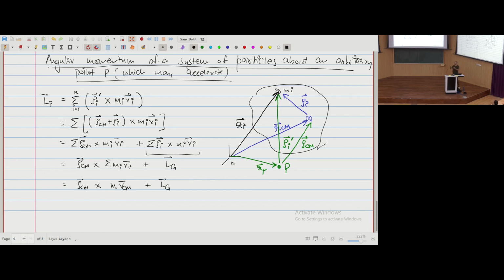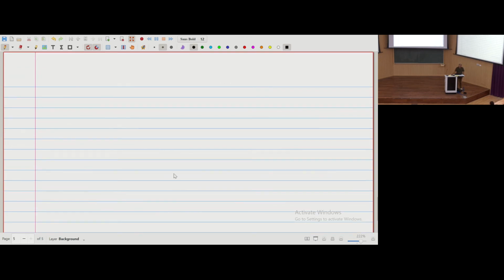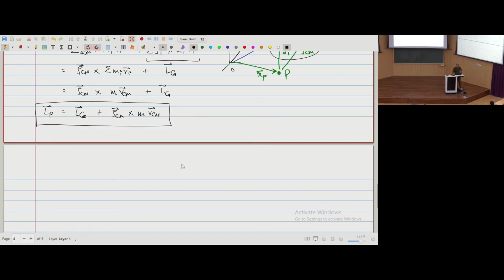So you can assume that there was one particle concentrated at the center of mass, and the angular momentum of that particle is added to the angular momentum about the center of mass. Any questions?